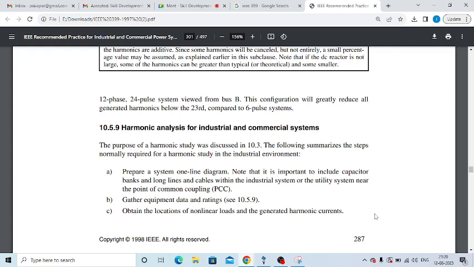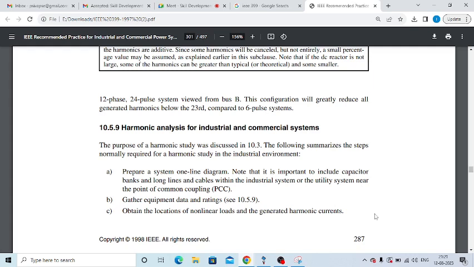Whenever there is a non-linear load, non-linear load means, in a simple definition, suppose I am connecting a load to the source, then due to the non-linear characteristics of the particular load, even though we provide a sinusoidal voltage, the load will draw a non-sinusoidal current.